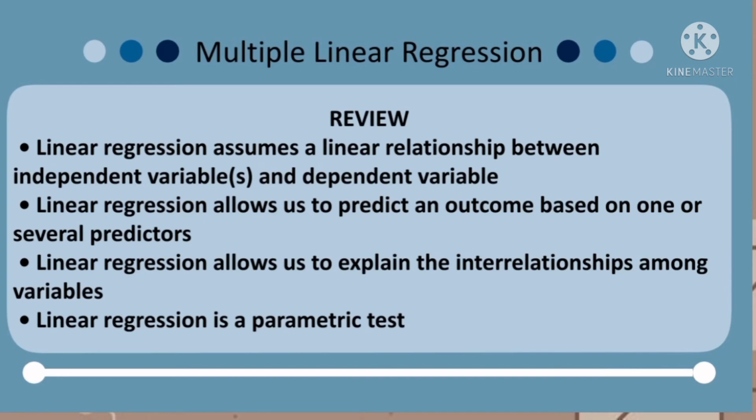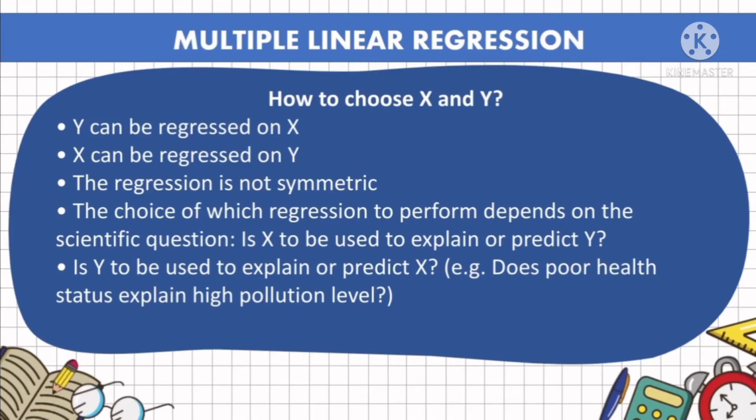Linear regression also allows us to predict an outcome based on one or several predictors, so it's like a one-to-one scenario or a one-to-many scenario, depending on the dependent and independent variables. Linear regression also allows us to explain the interrelationship among variables, and linear regression is a parametric test.